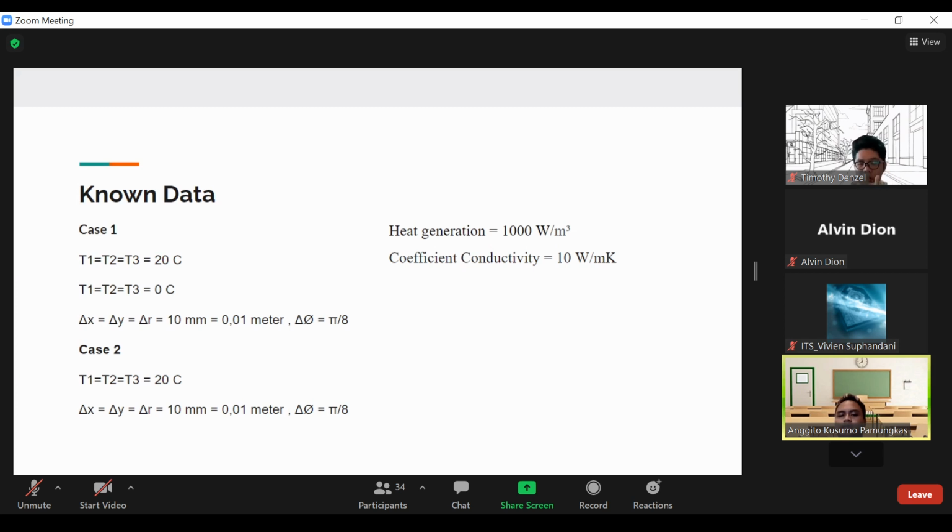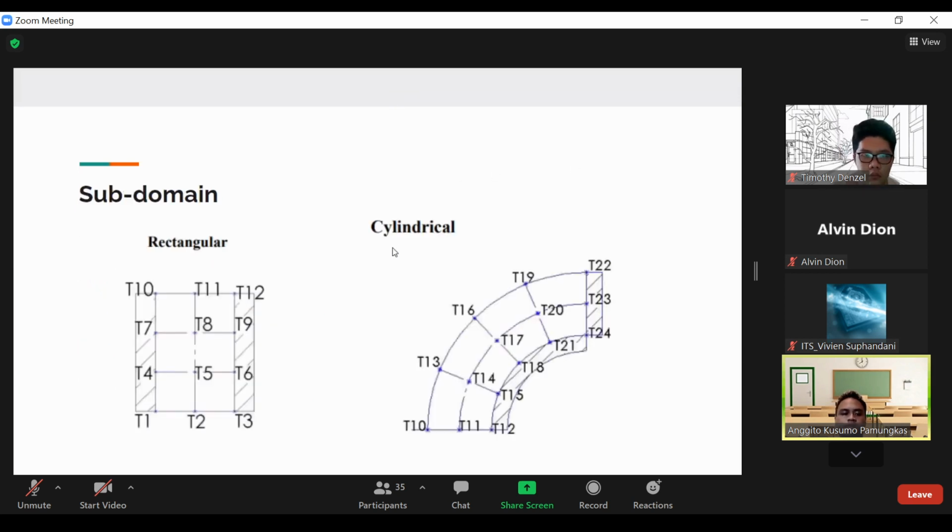We divide the subdomain with delta X and delta Y of 10 millimeter. And we add heat generation of 1000 watt per meter cubed, and the coefficient of conductivity is 10 watt per meter Kelvin.